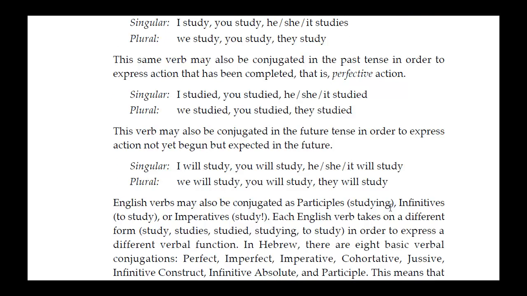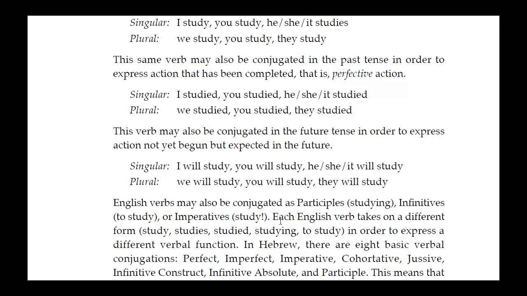Usually in English, anything that's got an ing is a participle: running, studying, looking, caring. We have also infinitives, like to study. Whenever you use the word to in front of the verb, it's called an infinitive. We have imperatives, which are commands: study.